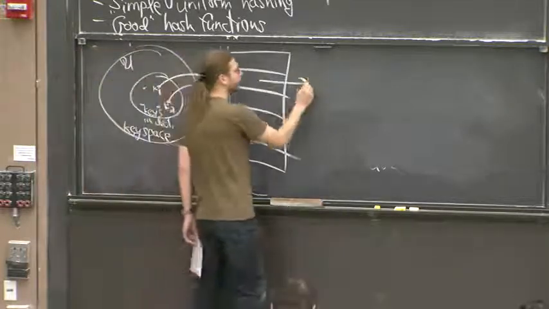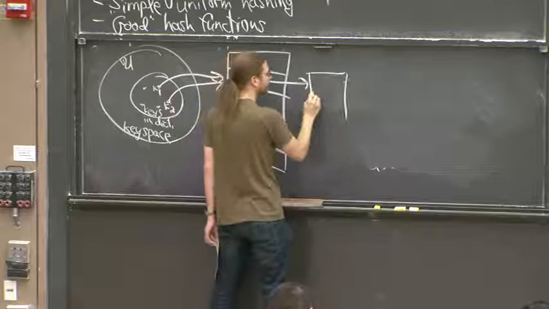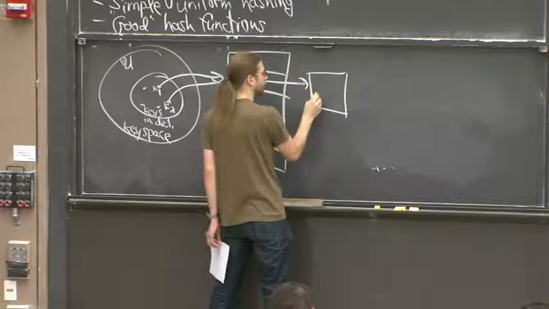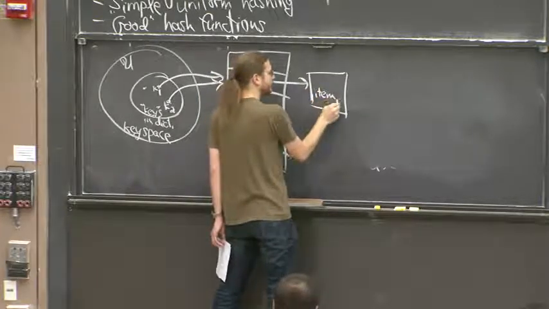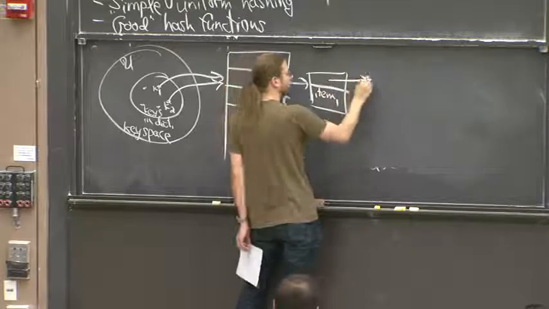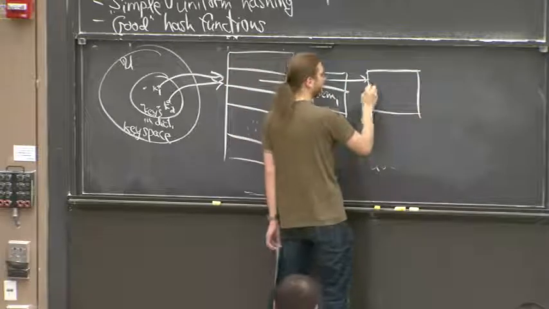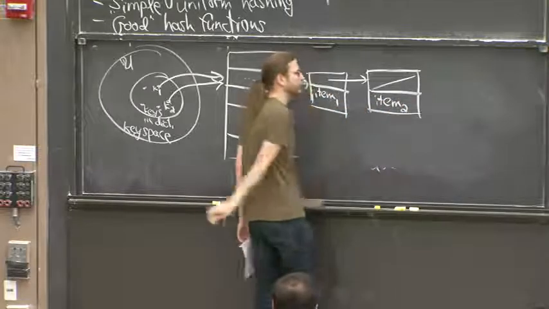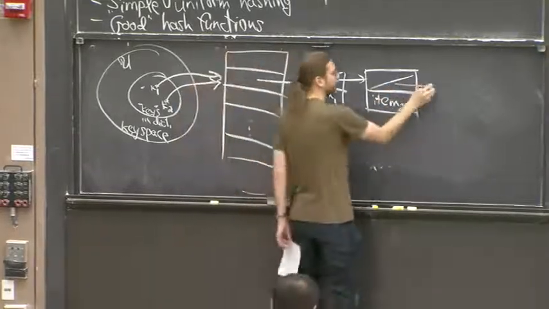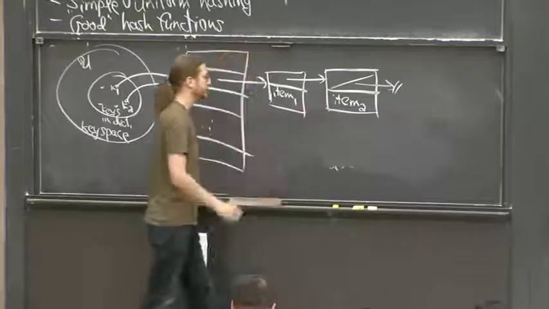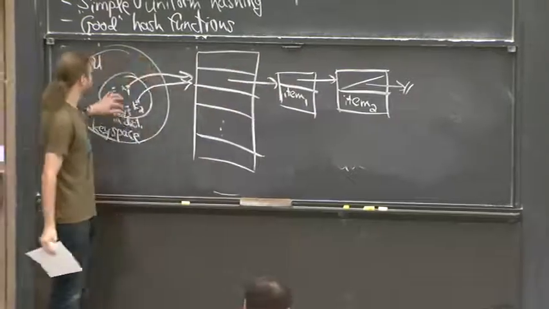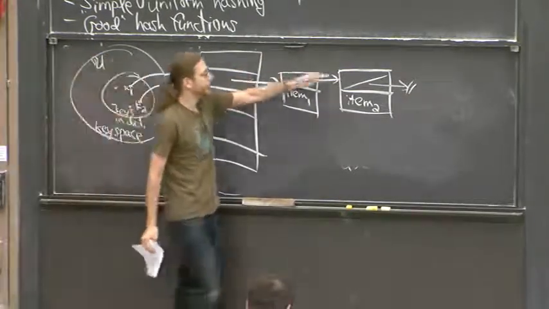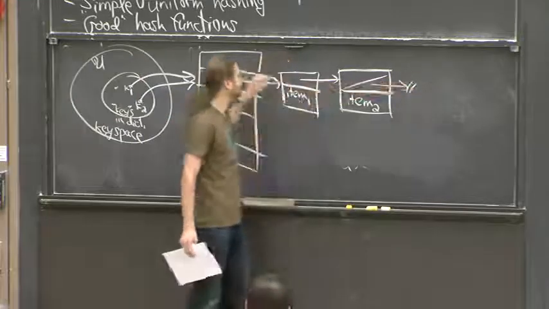What we're going to store here is a linked list that stores item 1, and a pointer to the next item, which is item 2, and then that's the end of the list, or however you want to draw a null. However many items there are, we're going to have a linked list of that length in that slot.